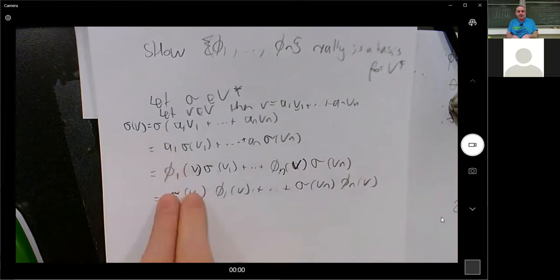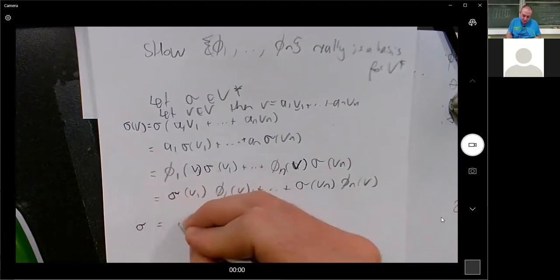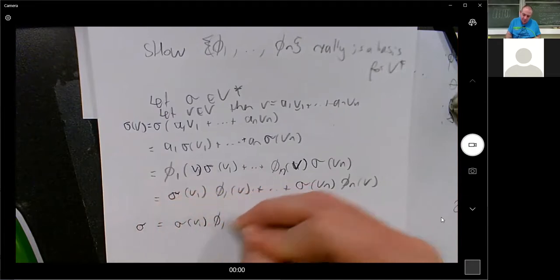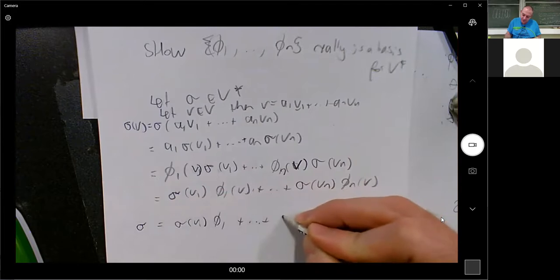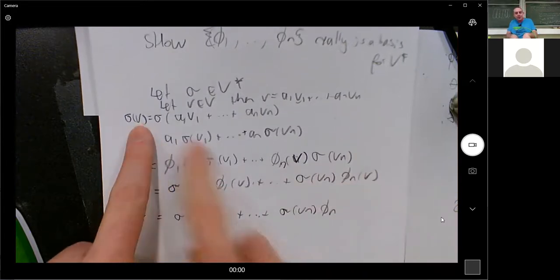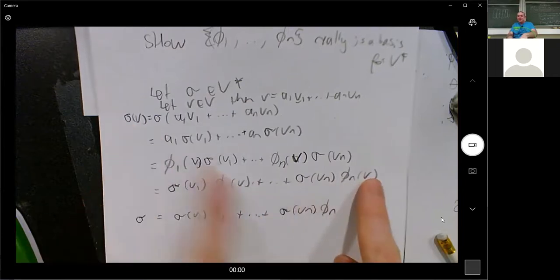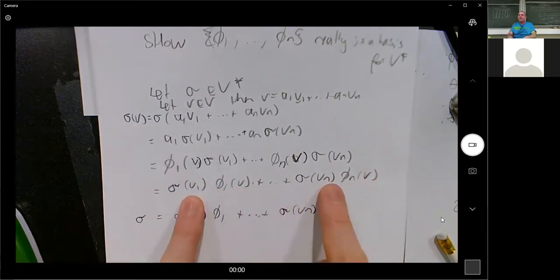So sigma of v is this linear combination of the phi i's of v. And so therefore sigma must be sigma v1 phi 1 up to sigma vn phi n, because I can remove all the v's because it does that to every v. Because this v ends up in all of these positions and they are functions of v, and these are just numbers.